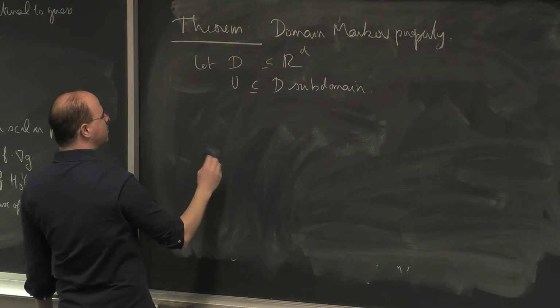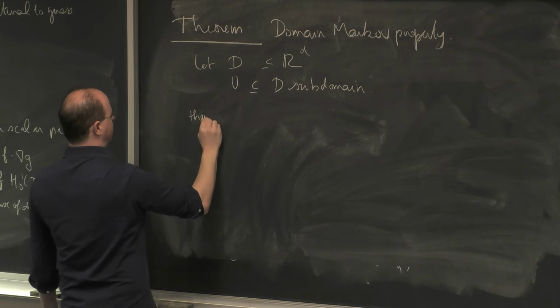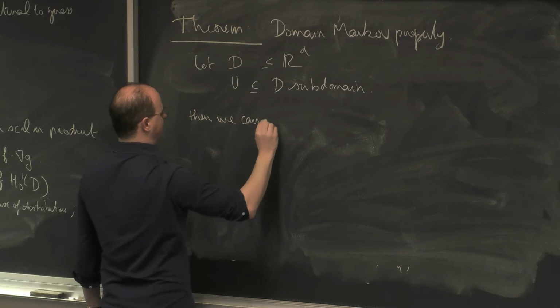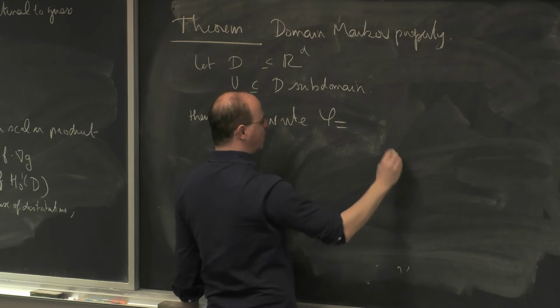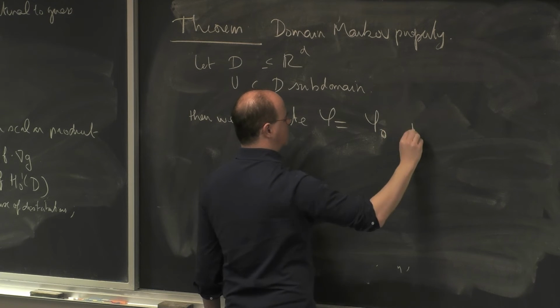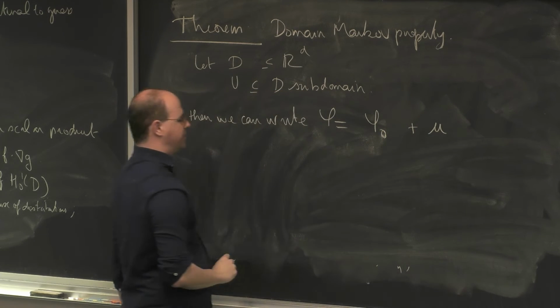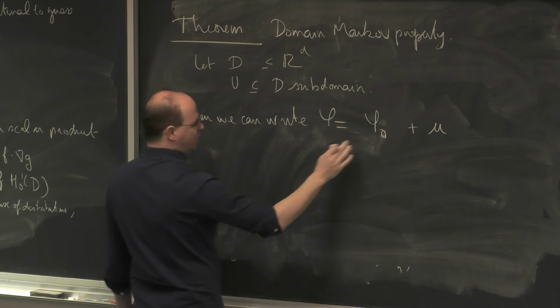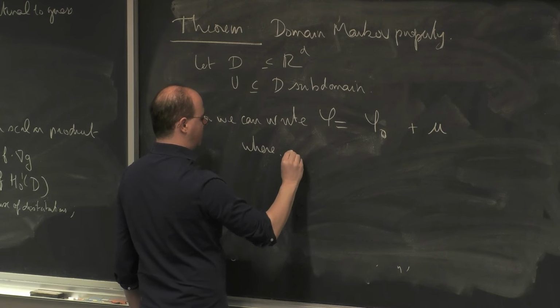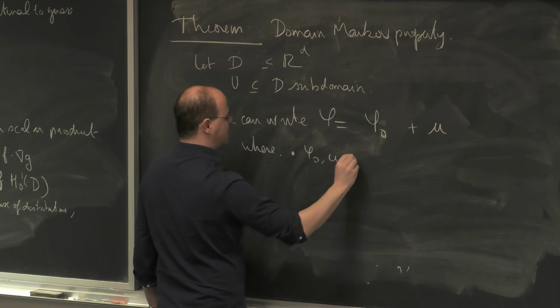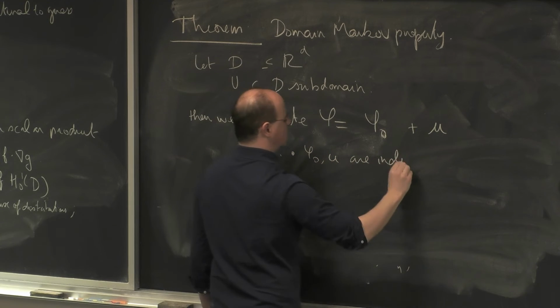And the theorem tells you that we can write phi as the sum of two things: phi 0 plus u, where, first of all, these two bits are independent.